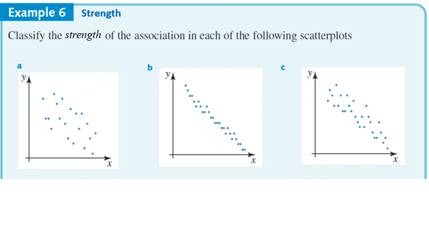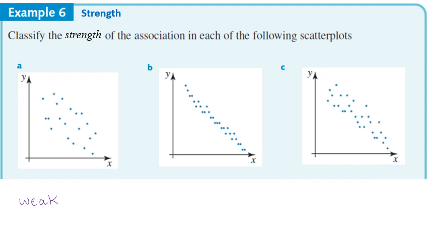In this example, we're going to classify the strength of the correlation in the following scatter plots. So we can see that they've all got a negative correlation going down, but let's talk about the strength. So the first one, I would classify this as having a weak correlation.